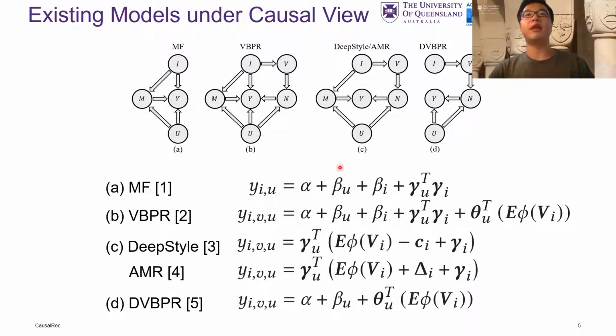So they don't have any bias term, which indicates the direct effect of node I and node U towards node Y. The DVBPR method only uses the user information and the visual information of the item together to predict preference. So they don't have the left part here because they don't have any preference matching between the user and the item. This can also be seen from this formula.